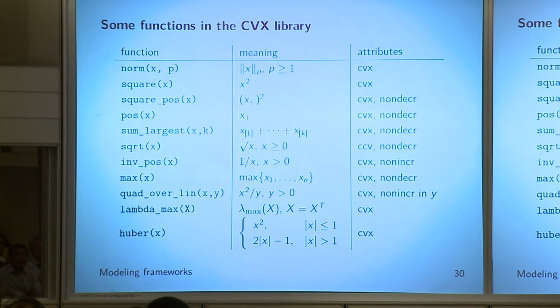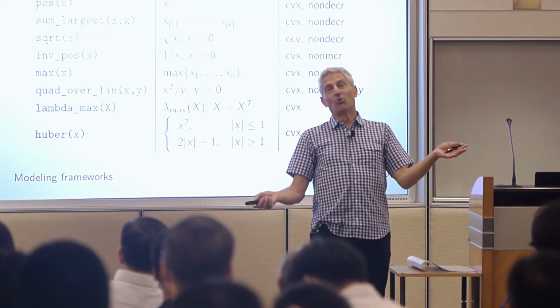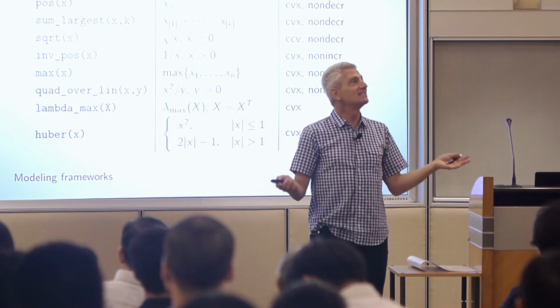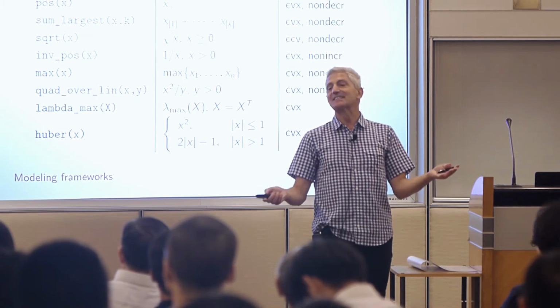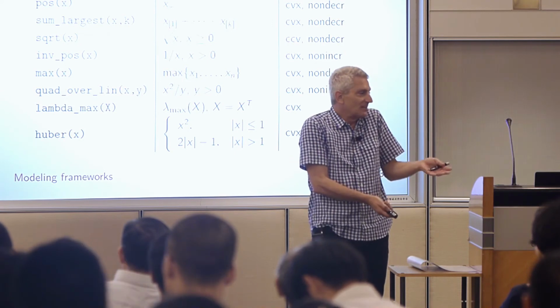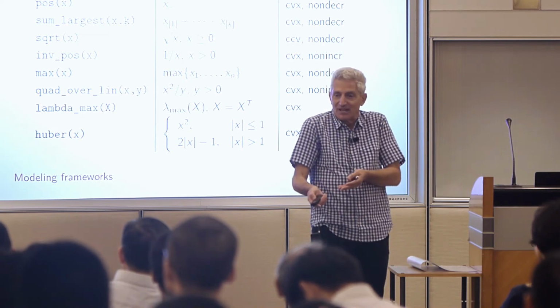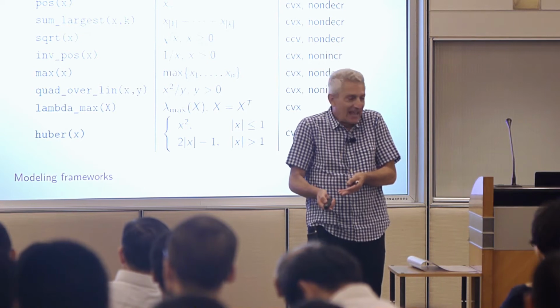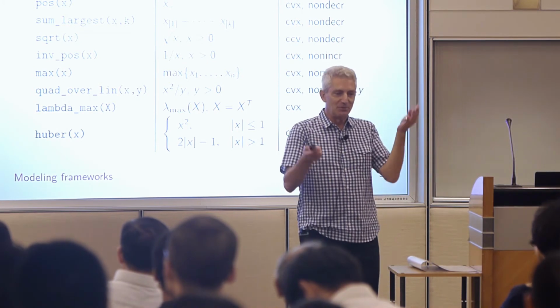The total library is probably 50 things, and at least 5 of those are there just for us to show off, because some of them are weird things like the sum of the 4.8 largest singular values of a matrix. That is never going to have a legitimate use, I think, but it's there because we know the cone representation, which is to say we got it from Nesterov, and so we typed it in, just to be weird.